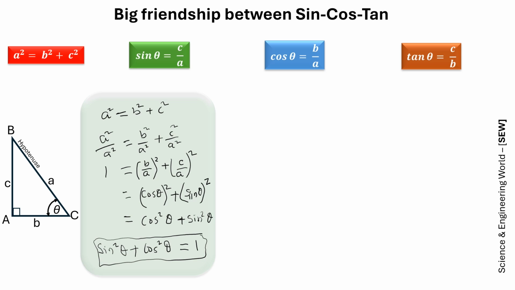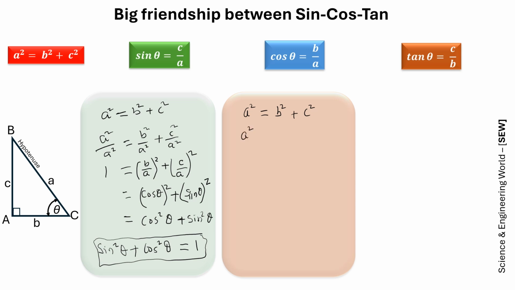So this is another expression that we see between sine and cosine. Let's do the next one. Here we are still going to use that Pythagoras theorem, and we are saying a squared equals b squared plus c squared. We have used a squared to divide the expression, so let's use b squared to divide the expression and see what we're getting.